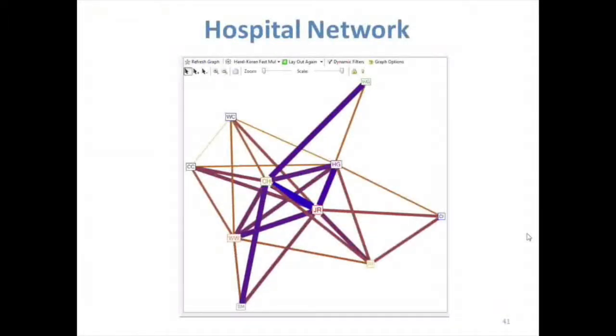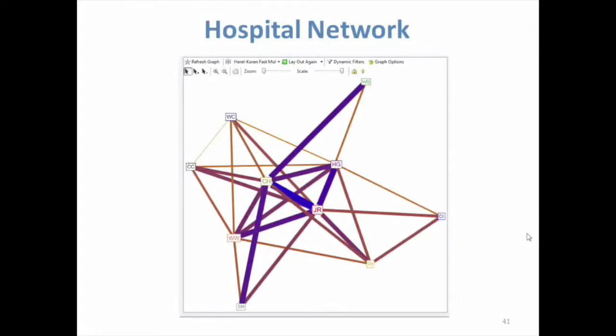So we have looked at the patient-to-patient relationship. What about the network, the relationship between hospitals? This is a connection between different hospital buildings in a network. The darker the green, the stronger the link between the hospitals. The lighter brown means fewer connections, and the size of the symbol also reflects the number of connections.